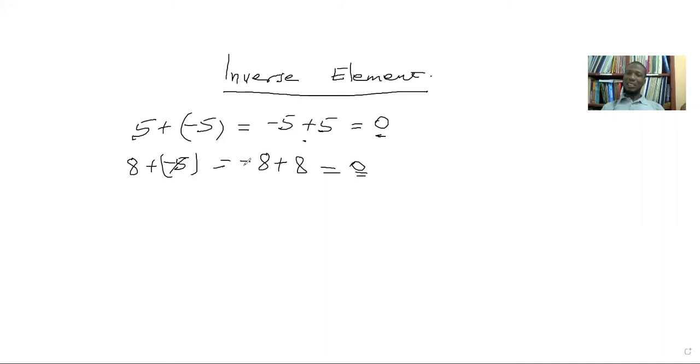Because of that, we will say that -8 is the inverse of 8 under addition. Very necessary: it is only under addition that it is the inverse, because it gives us the identity element under addition. Then let's take multiplication.